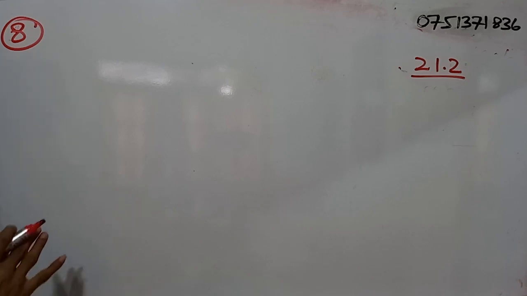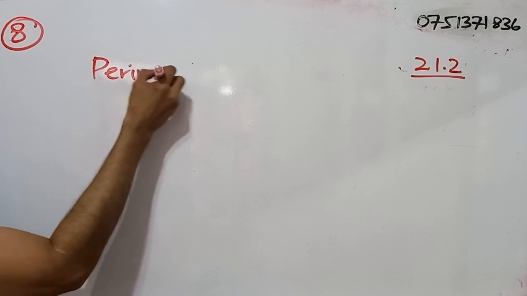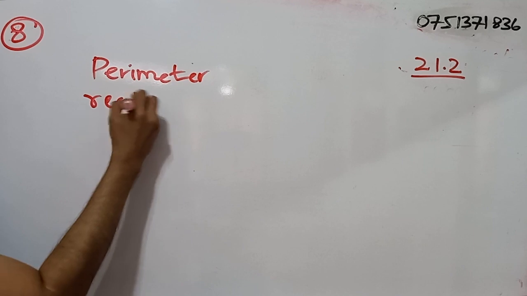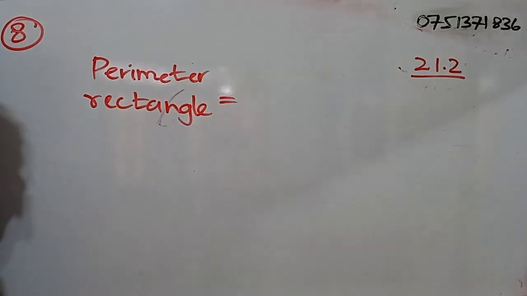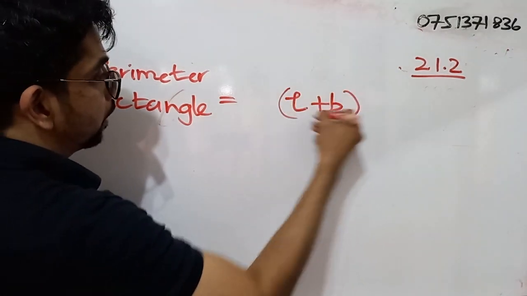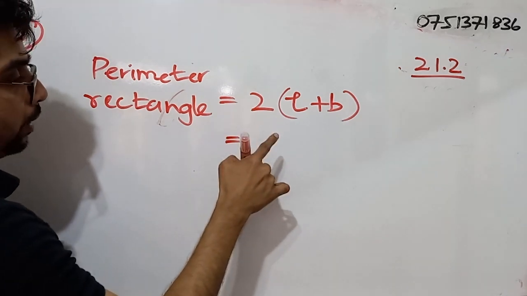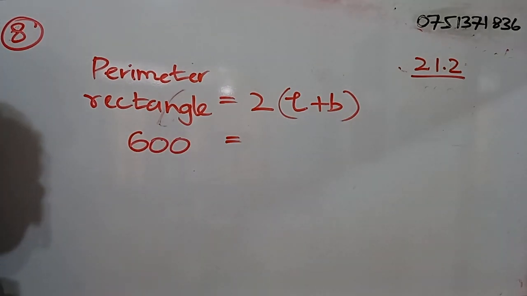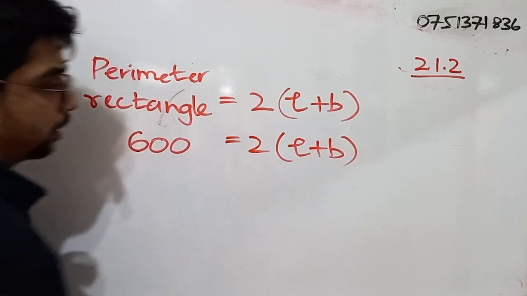When we talk about the perimeter of a rectangle, what is that? Length plus breadth, into 2. Here the perimeter is 600 meters, that is given to us. 2 times length plus breadth.